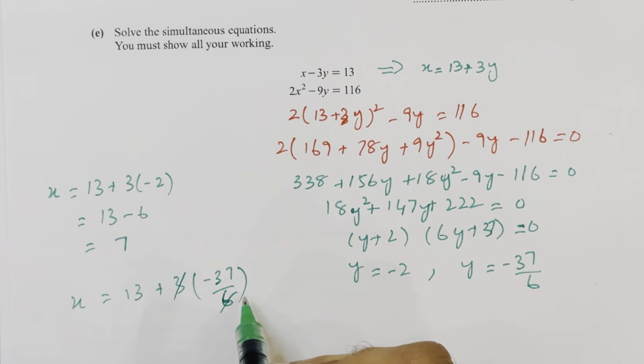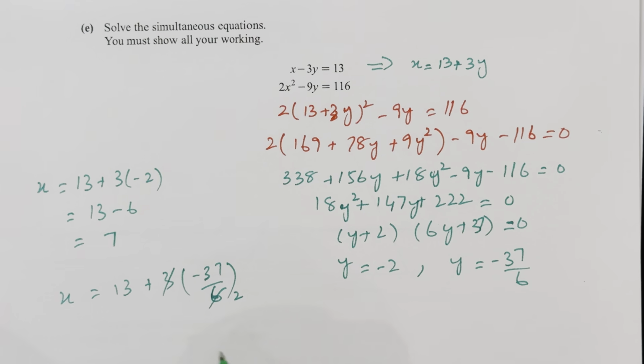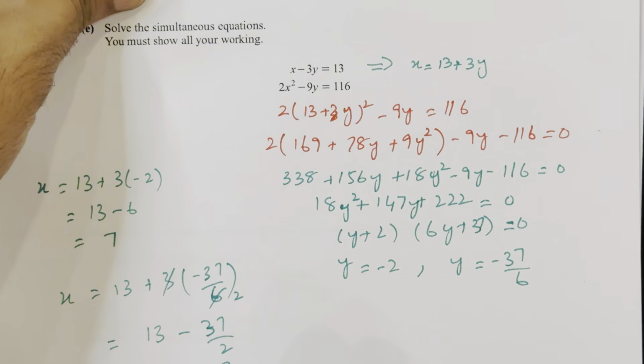I'm gonna cancel it by this, and okay, after solving it, you get the value 13 minus 37 by 2. It would be 26 minus 37 by 2.